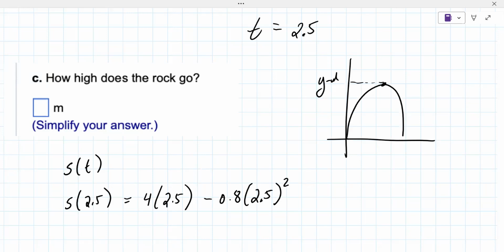Go ahead and calculate that for us, please. I got 5.